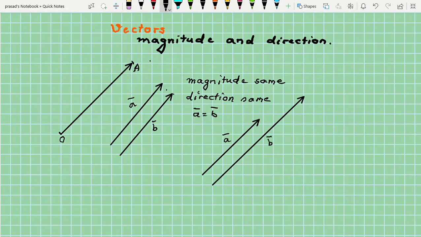Then in this case, I can express vector B bar as some multiple of A bar. This is called a scalar multiple. So take for example, if I can express vector B bar as 5 times vector A bar, then that will mean vector A bar and B bar are in the same direction and the magnitude of vector B bar is 5 times the magnitude of vector A bar.